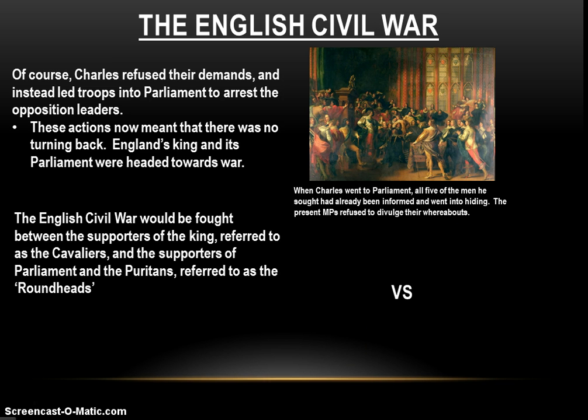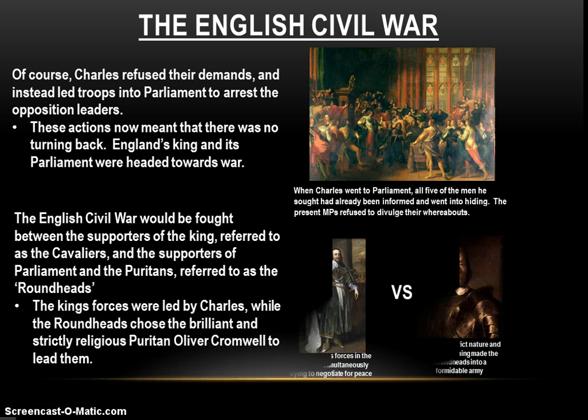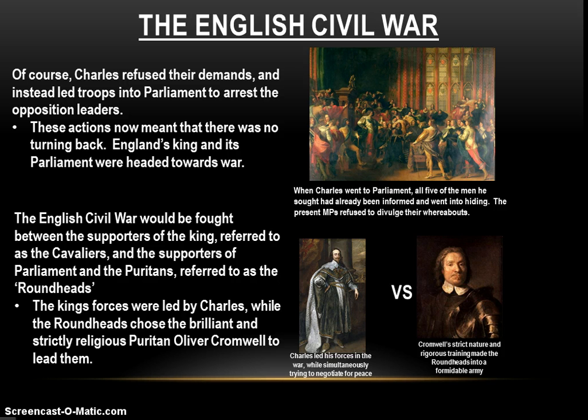And both sides will be led by able individuals. The king's forces will be led by Charles himself, and it should be said that while Charles was leading his forces in war, he was also simultaneously trying to negotiate for peace, because even though he is indeed at war with Parliament, it's not necessarily a war that he wants. He's not seeking out this war. Yeah, he made some bad moves, but he doesn't want this civil war.